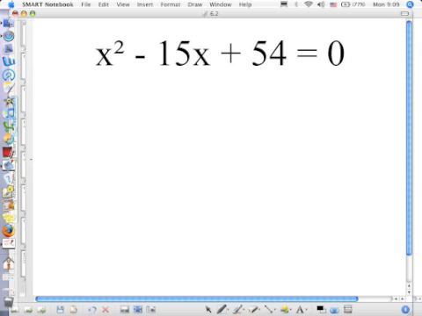X squared minus 15x plus 54 equals 0. Whole thing's already set equal to 0. So the next step is to factor.